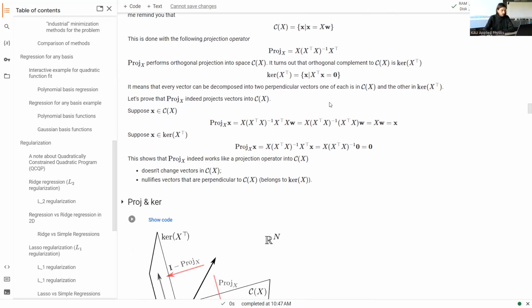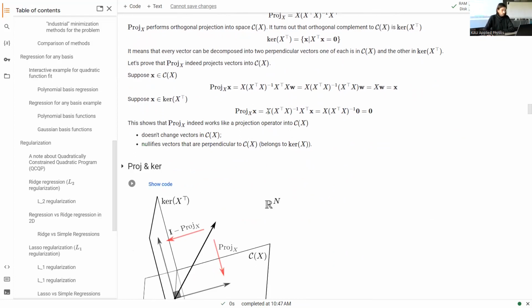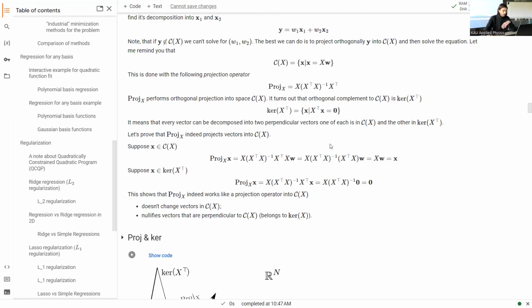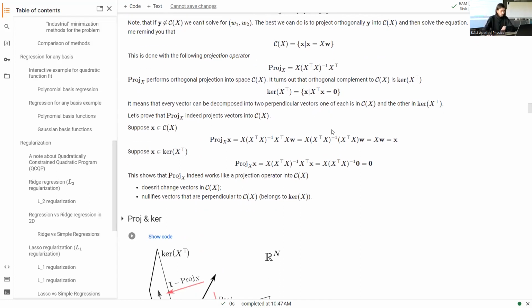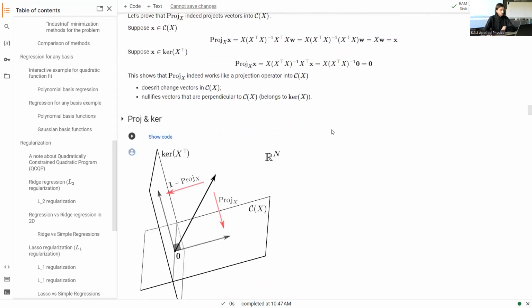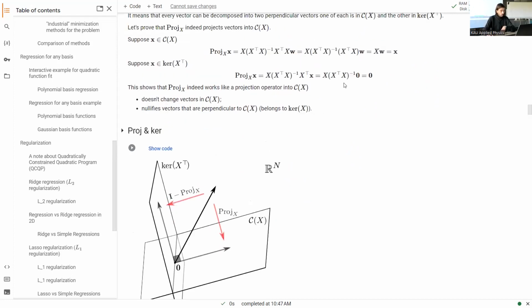But we can show that in this space we have a very interesting operator: X times (X transpose X) to the minus 1 times X transpose, and this is a projection operator that projects our vectors to the column space of the matrix X. I'm not proving that here, but what I want to do is show you the connection of this thing with linear regression.